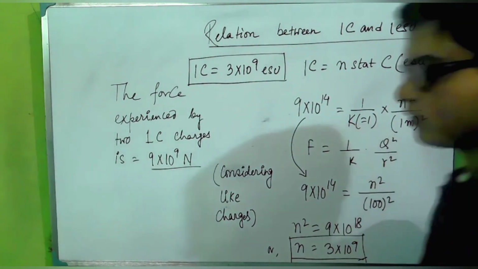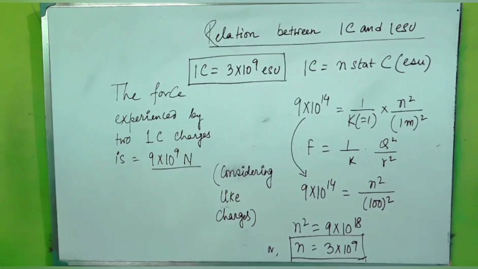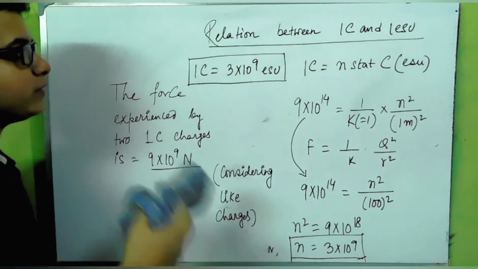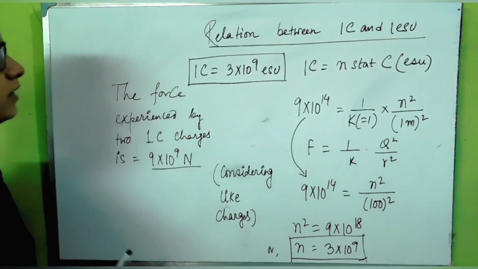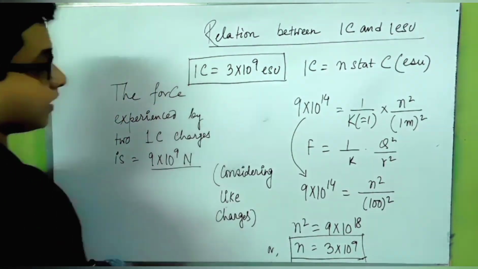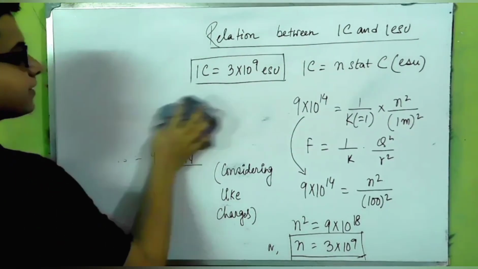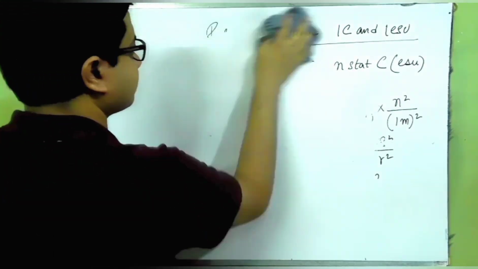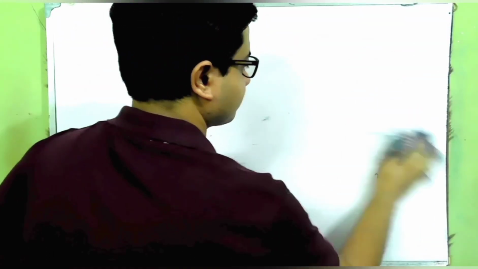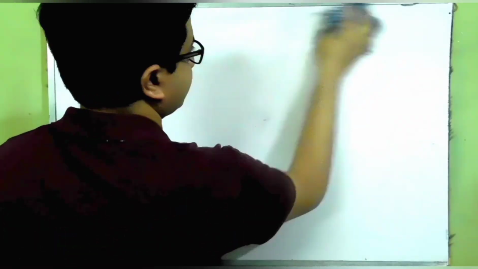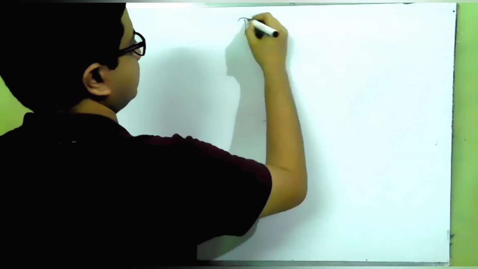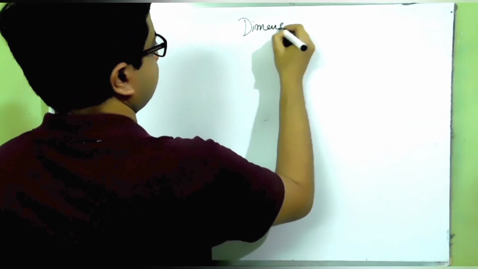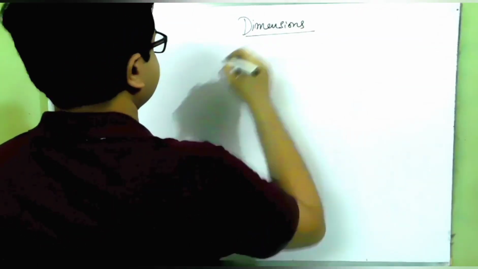Okay, so now that we have seen the relation between 1 coulomb and 1 ESU, let us head forward to the third category of our discussion, that is the dimensions. Now, dimensions.